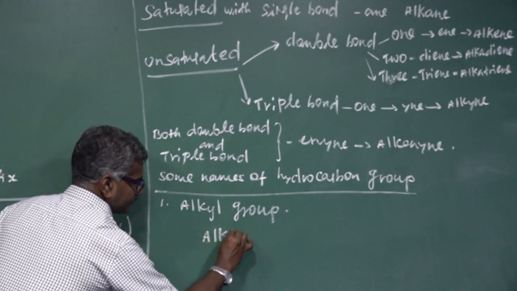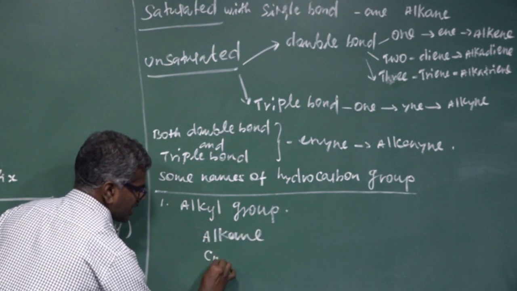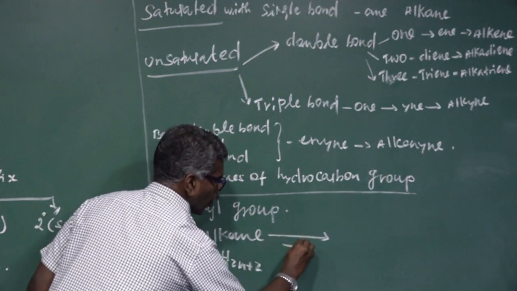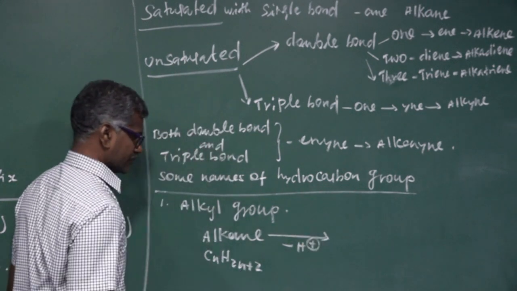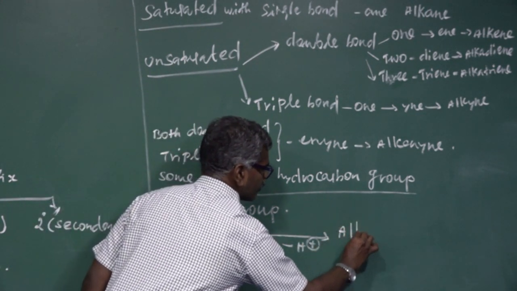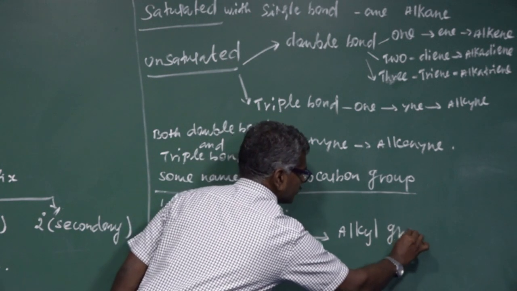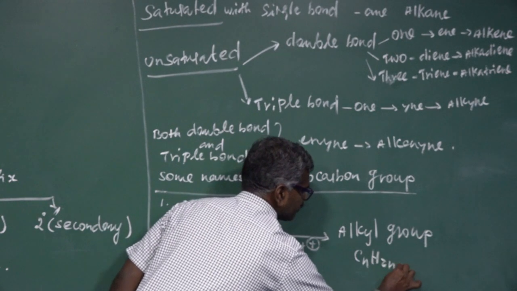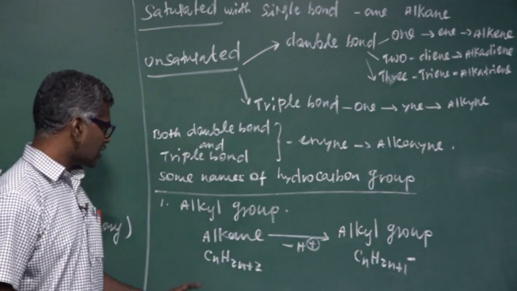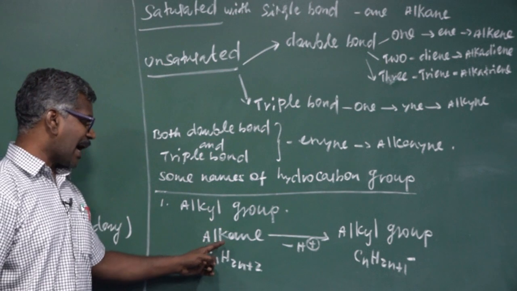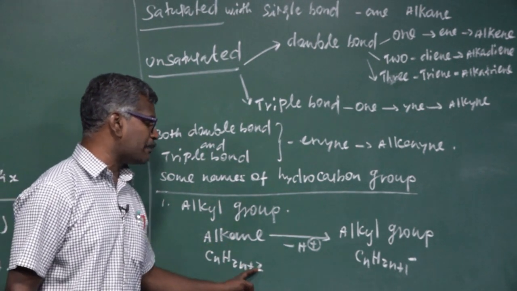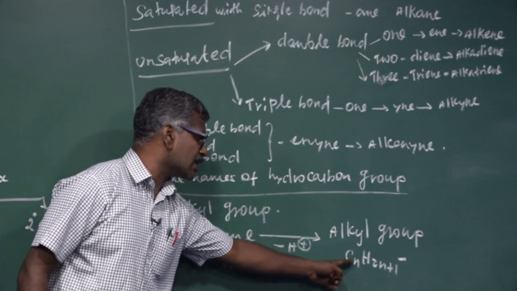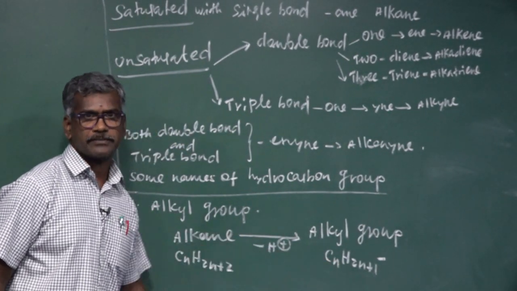In alkane, the molecular formula is CnH2n+2. When one hydrogen is removed, this is called an alkyl group, with formula CnH2n+1. In alkane, one hydrogen is removed to form the alkyl group.